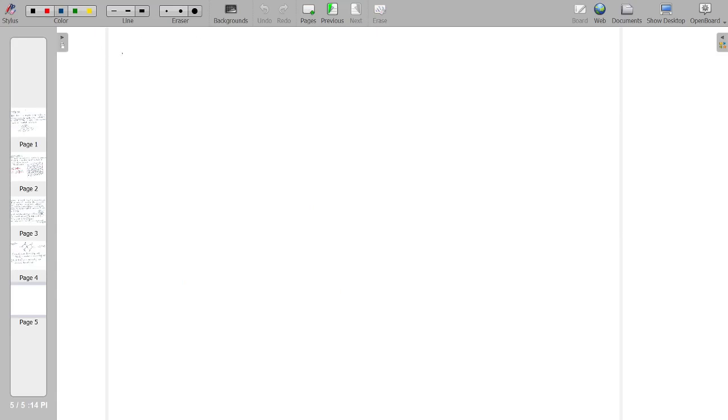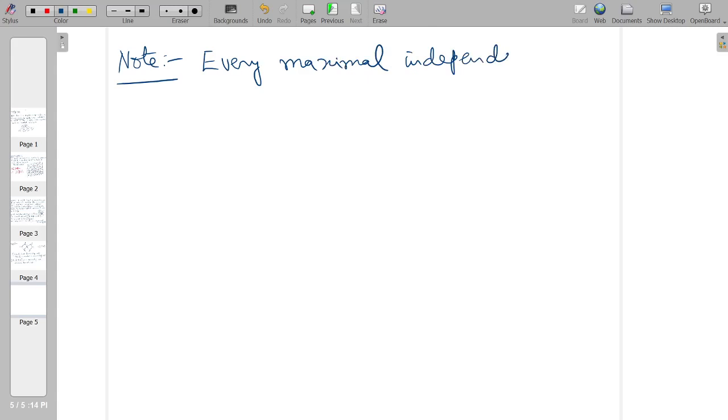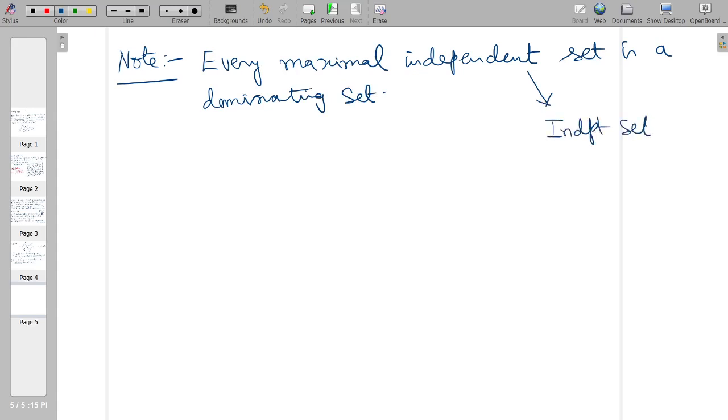Now there is another important note: every maximal independent set is a dominating set. You know what is meant by an independent set: no two vertices are adjacent.